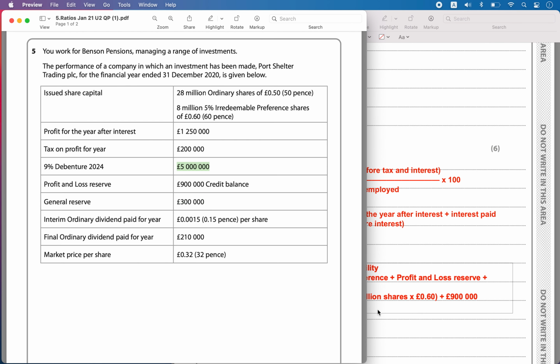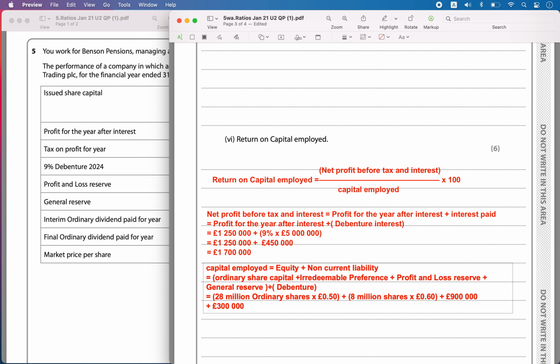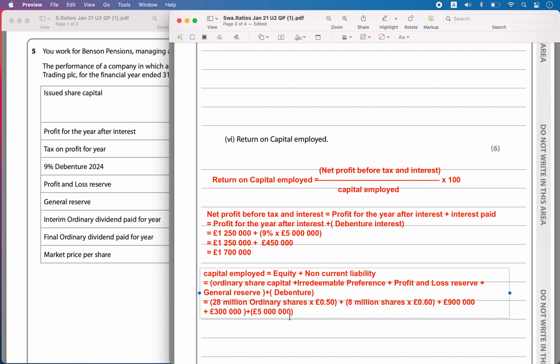And then you have the debenture value of 5 million pounds, which is a non-current liability.